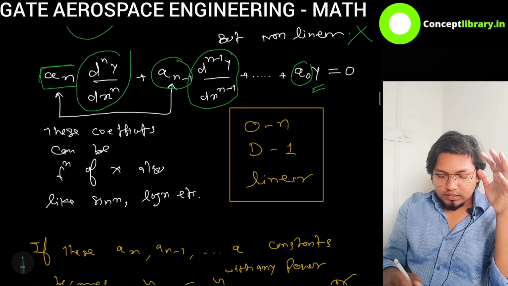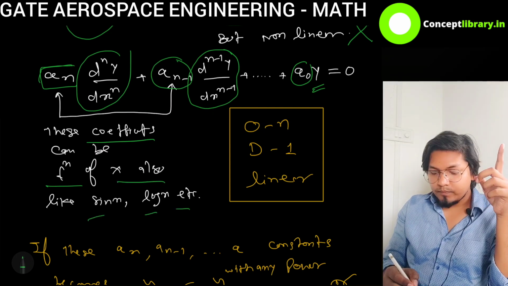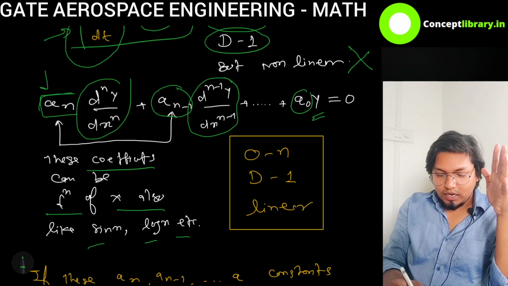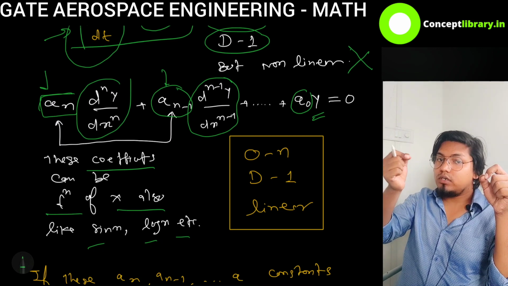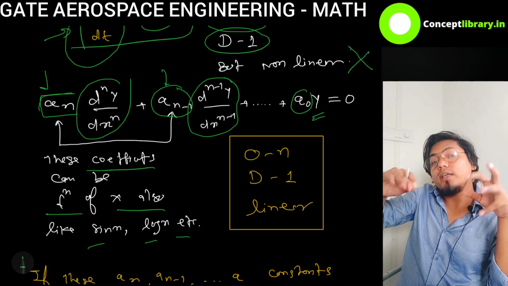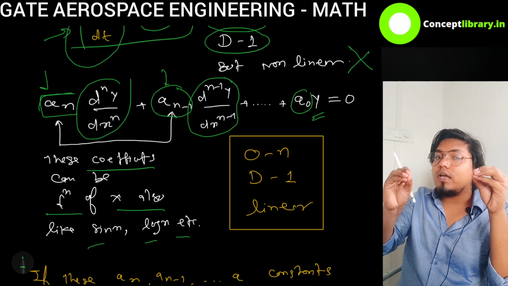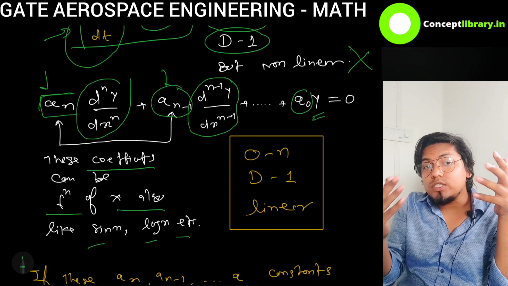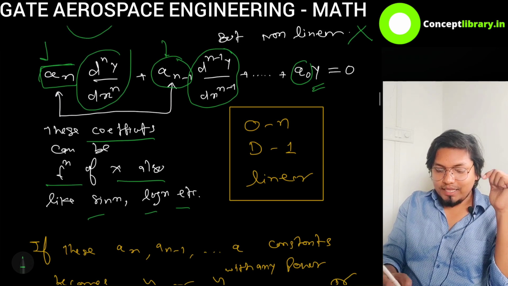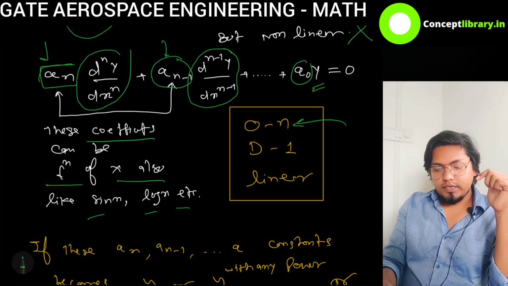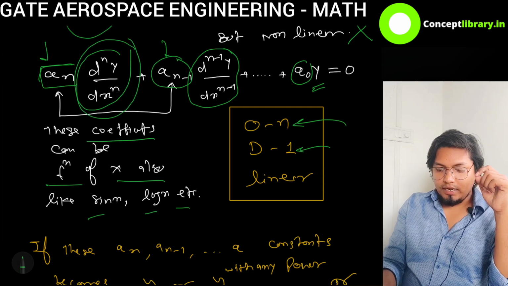These coefficients can be functions of x also, like sin x, log x, etc. In that case, if these coefficients are not y or any derivative, like dy by dx, d2y by dx2, or their squares or cubes, I mean they are not derivatives or y or y square or y cube, then this equation will be linear. Okay, so in that case your order will become n, degree will become 1 because the power of the highest order n is 1, and of course it is linear.